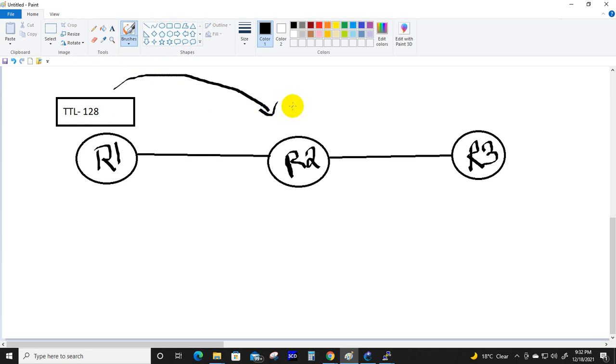R2 will forward this packet to whom? R3. But before forwarding, it will decrease the TTL value by 1.